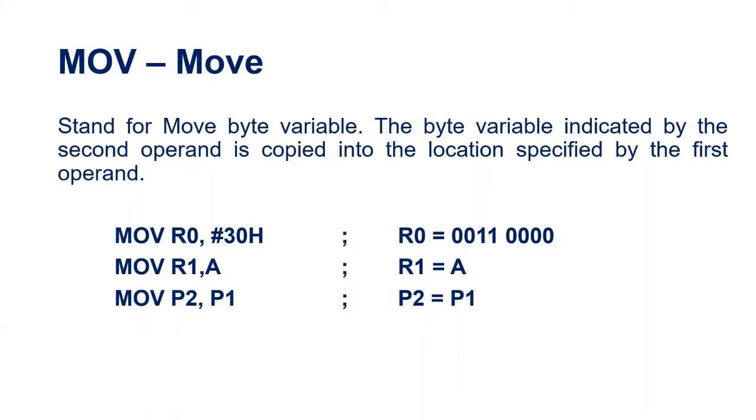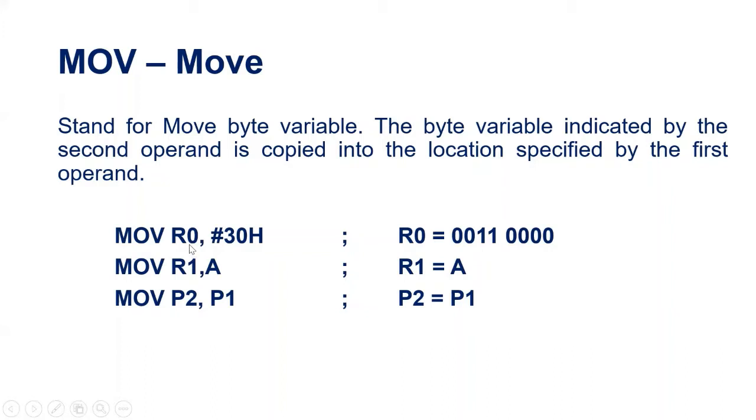Okay, paano nagpa-function yung move command? So we have several examples here. Say, in the first line, move R0, number sign 30H. Okay, anong ibig sabihin nitong command na to? Okay, the MOV for move and then R0, number sign 30H. Anong ibig niya sabihin? So lagi nating tatandaan that the first operand is R0.